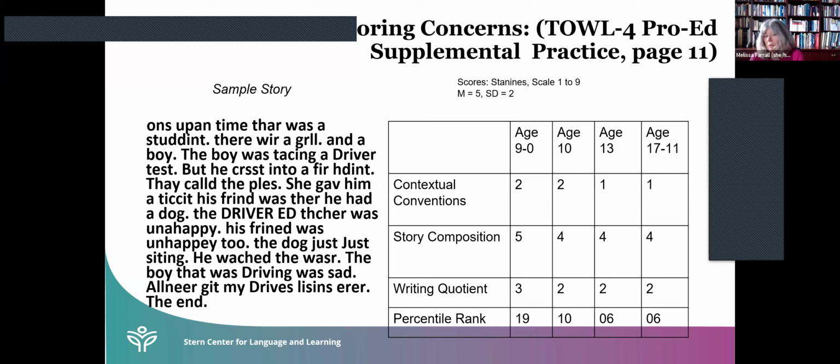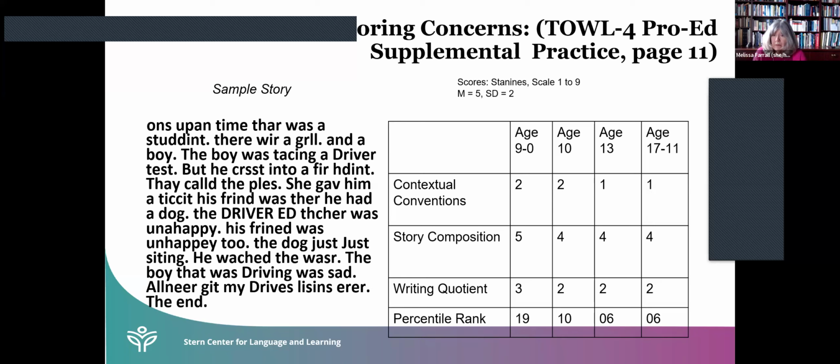Now you would think that if a young kid, who was 9 years old, had written the story, that score would be a whole lot better than if an 18-year-old had written it, because we would expect kids to have advanced significantly in their skills, and our expectation for a 17-year-old would be a whole lot more sophisticated than our expectation for a 9-year-old.